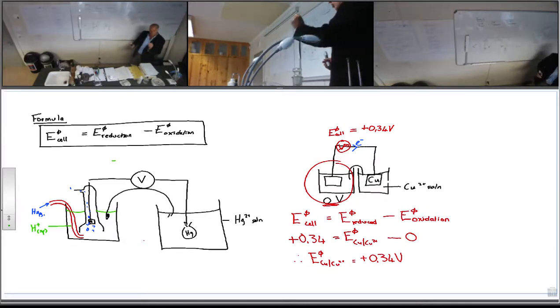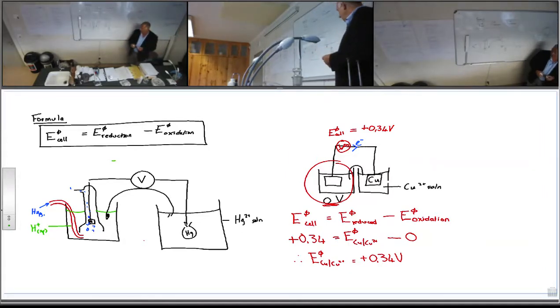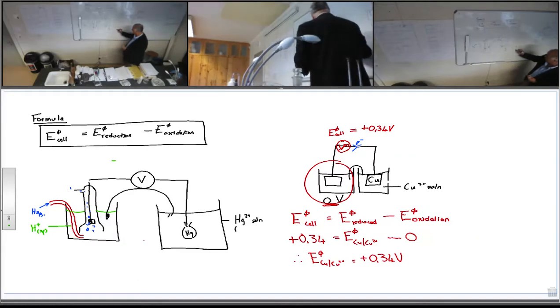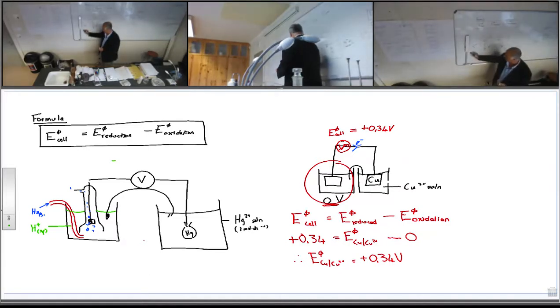But to be able to do it, what does affect the readings? The concentration. So what would the concentration of this have to be? 1 mole per decimeter cubed. And this one? 1 mole. So any solutions must be at 1 mole per decimeter cubed.